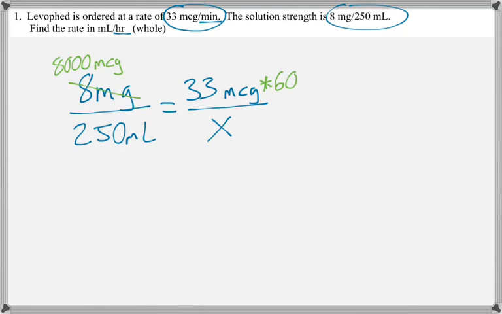So on my calculator, I'm going to do 250 times 33 times 60, and then divide that by 8,000.